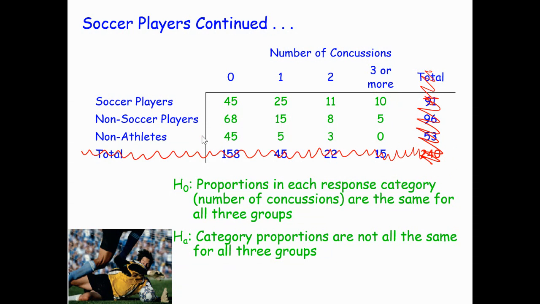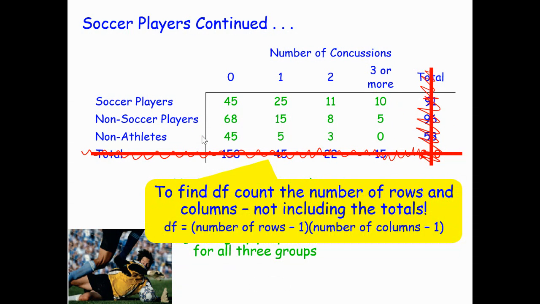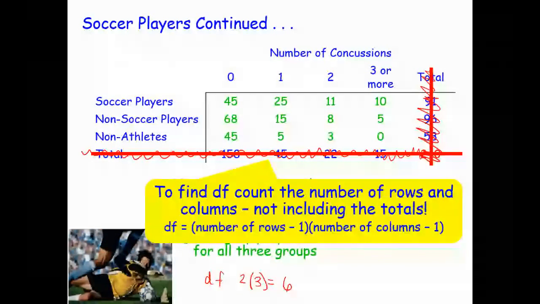We got 3 rows. And how many columns do we have? 4. So to get the degrees of freedom, you do number of rows minus 1 times number of columns minus 1. So 3 minus 1 is 2. 4 minus 1 is 3. 2 times 3 is 6.